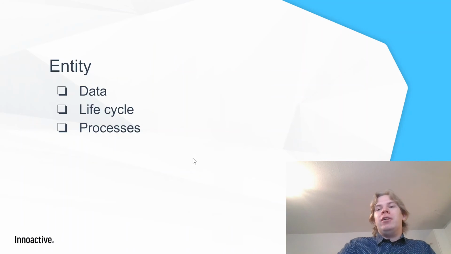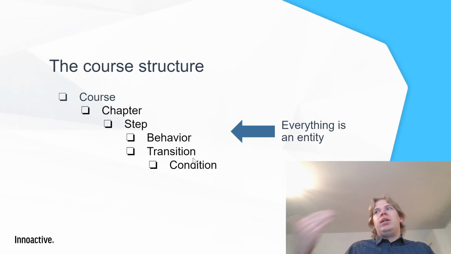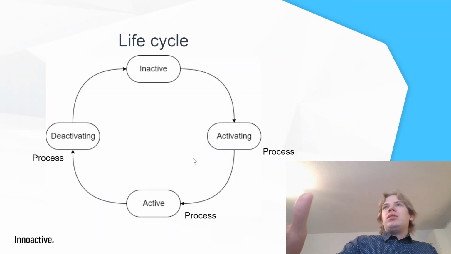So if we go to the very beginning, we start activating the course. We enter the activating process, and inside this activating process, there is a piece of code that gets the first chapter and tells it to activate. Very simple, I hope.